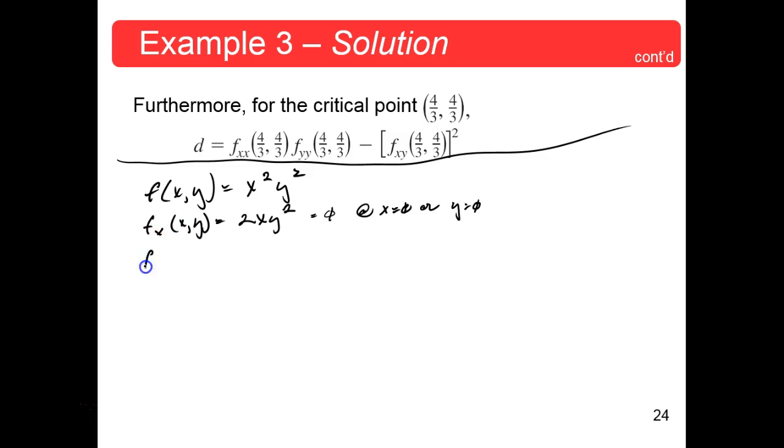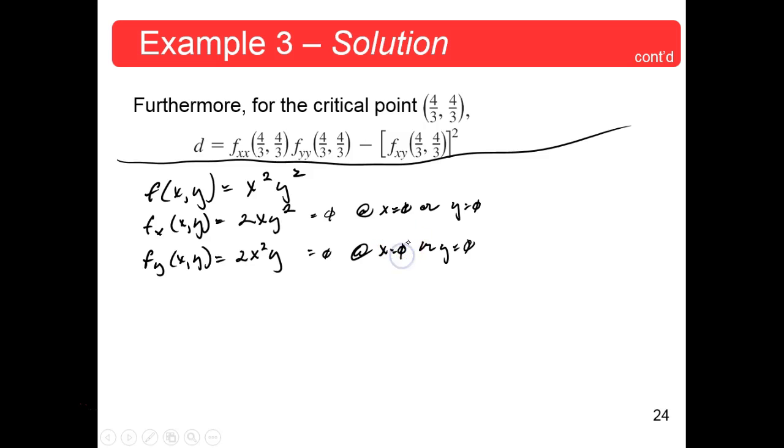If you do your f sub y at x, y, what would that be? 2yx squared, or 2x squared y. Well, again, that's equal to 0 at the same places, x equals 0 or y equals 0.